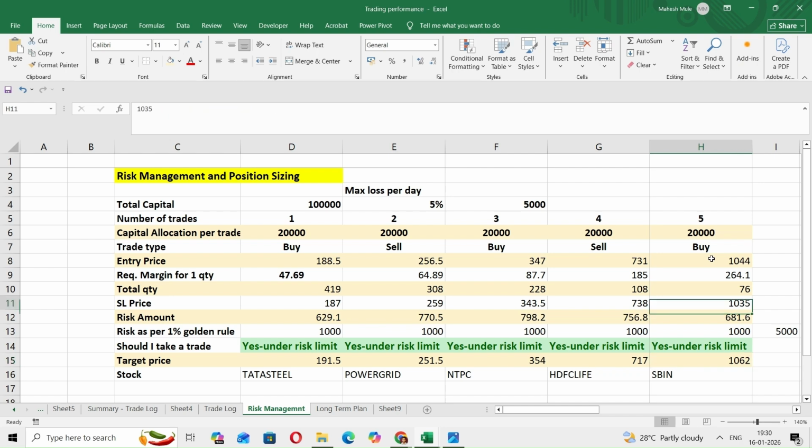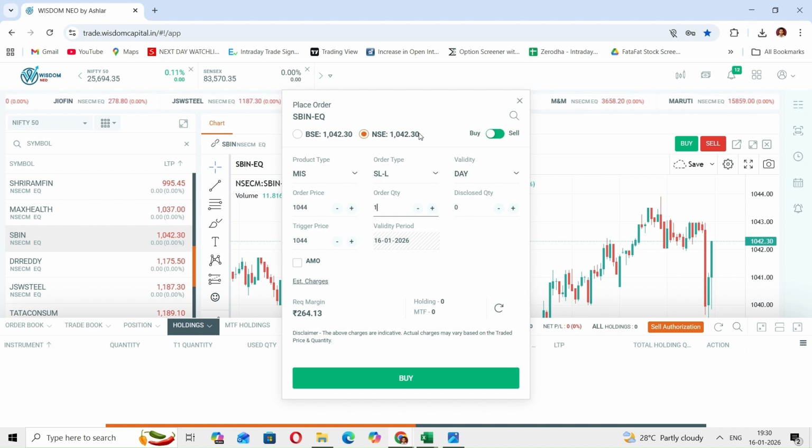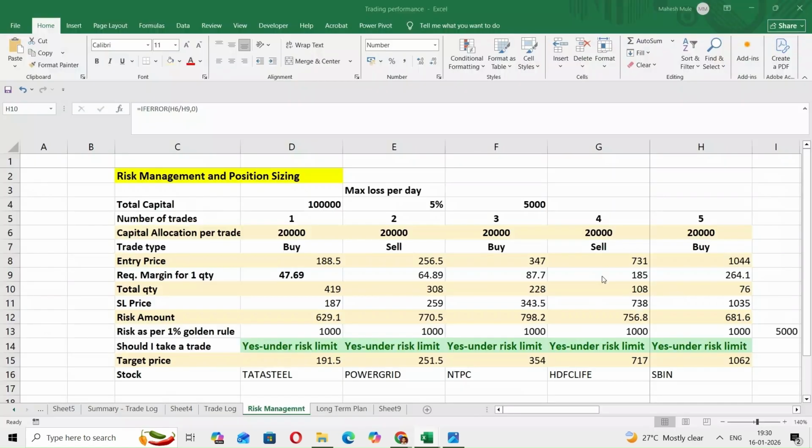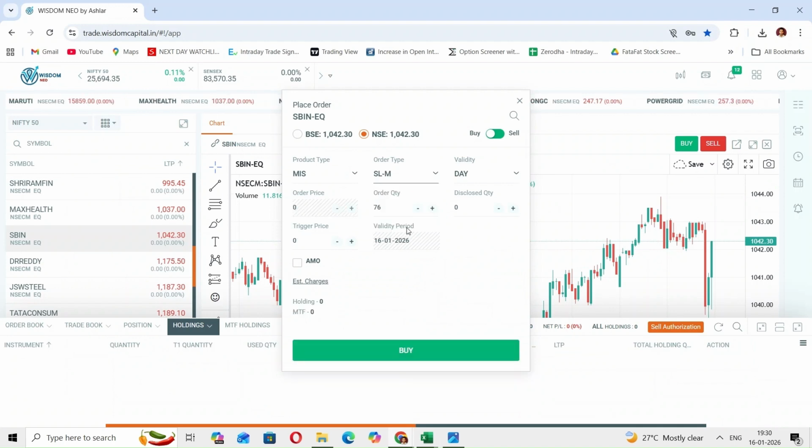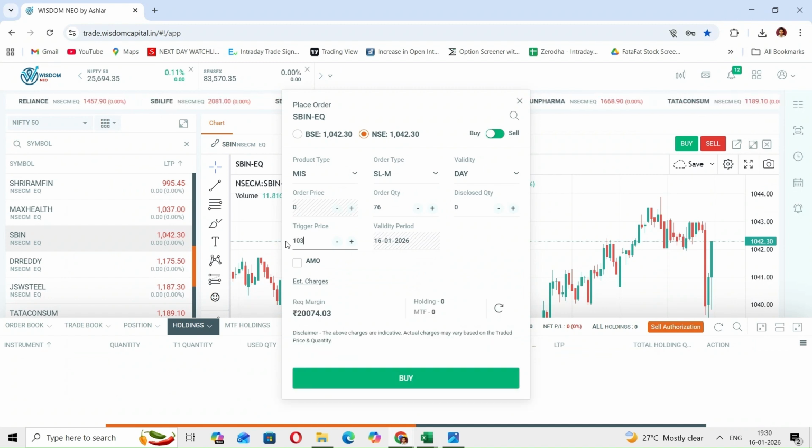Also keep in mind, once you place a trade, suppose I place a trade at 1044 in case of SBIN, and quantity is around 76, right? Now for placing the stop loss, I will always use a stop loss market order, so that if your price gets skipped, which sometimes happens because of some liquidity issue, it may directly jump from 1036 to 1034.5 and immediately go to 1030, I can avoid that particular slippage.